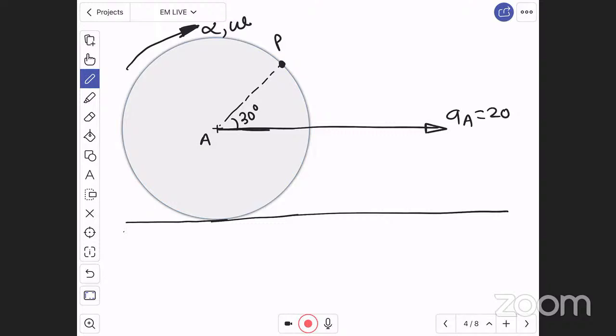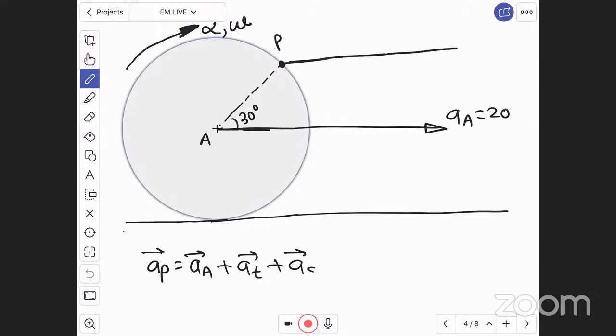Now acceleration of P is nothing but acceleration of A as it is plus tangential acceleration plus centripetal acceleration. Therefore acceleration of P will be having acceleration of A as it is. That is acceleration of A is equal to 20 meter per second square. As well as there is tangential acceleration.